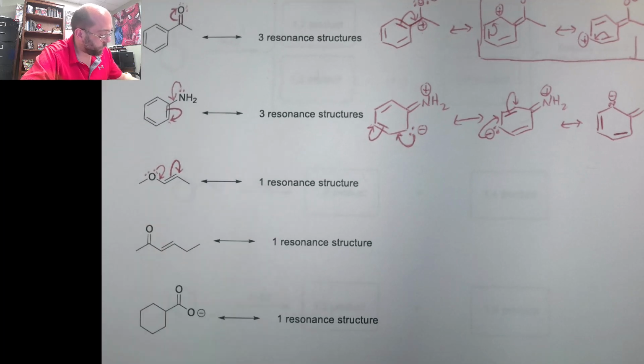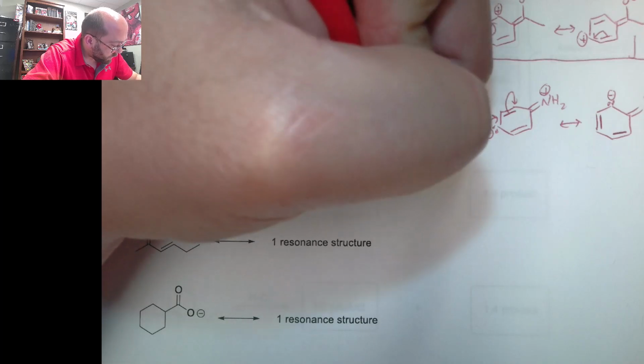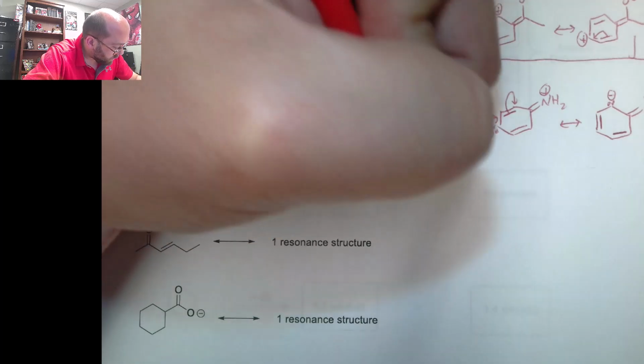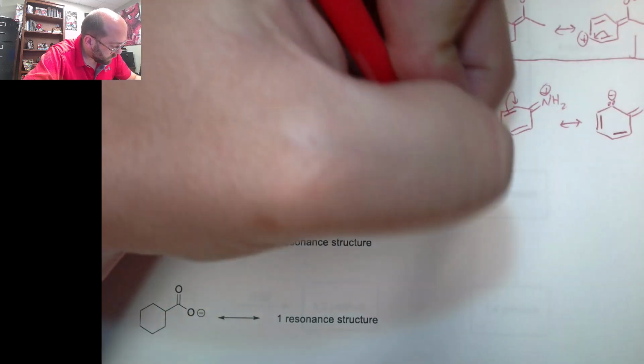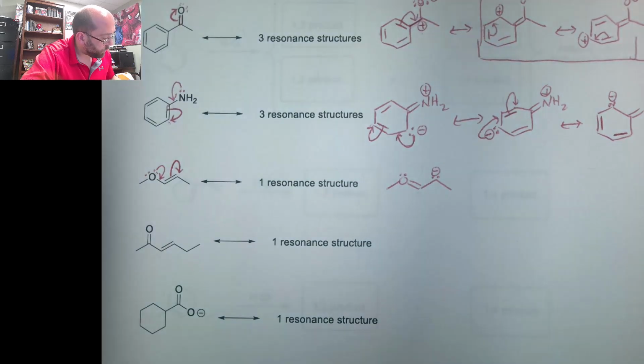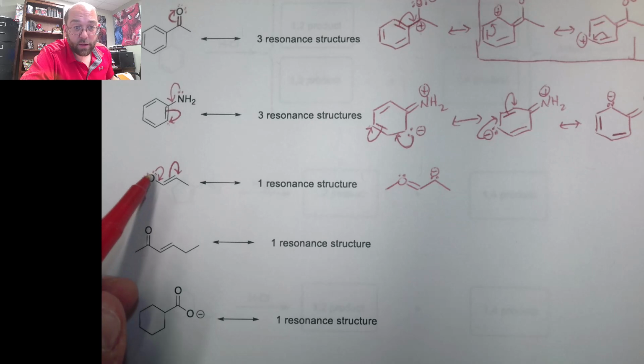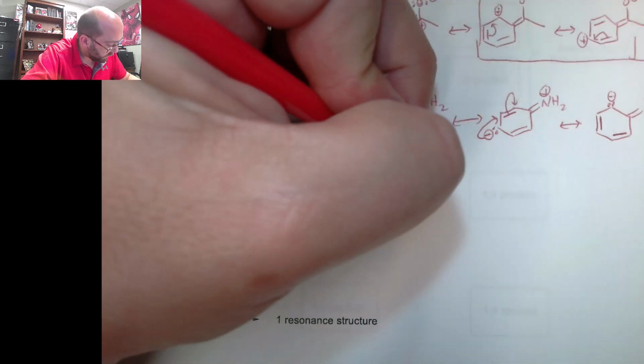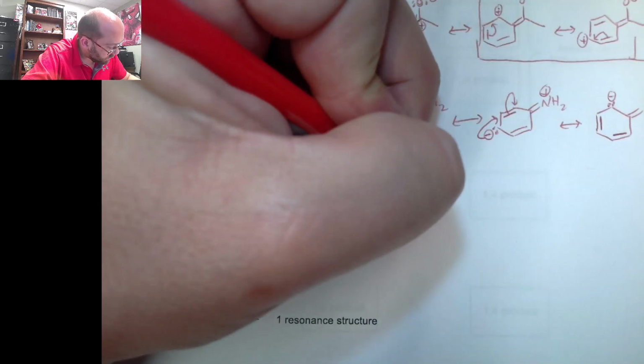So the only real resonance structure you see here would be this. Oh, and I forgot, you have to have a positive charge on this oxygen here. Okay.